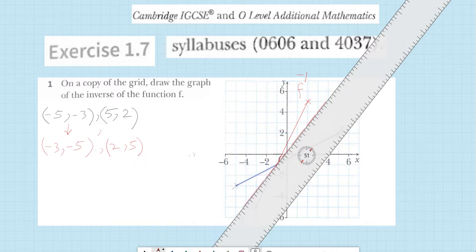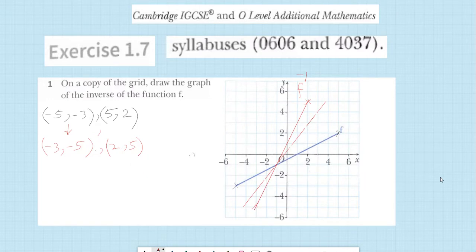So here we go, this is the mirror line, but I think this is wrong. I will draw again.